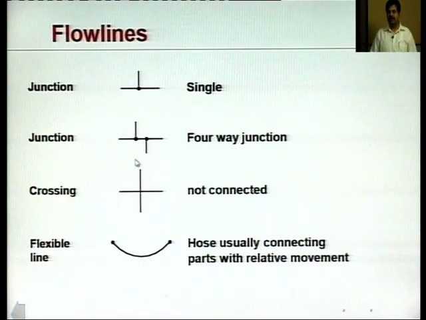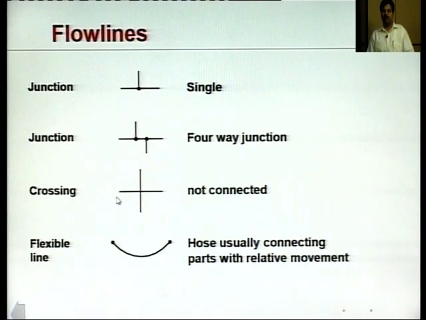Similarly, here in this junction, we can see that onto the main line two taps have been taken out. But in this figure we can see that the two lines are crossing each other, but there is no dot at the junction point. It represents that these are two individual lines which are just crossing each other, and they are not connected otherwise.